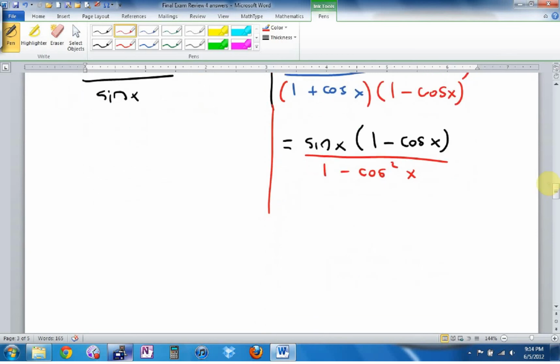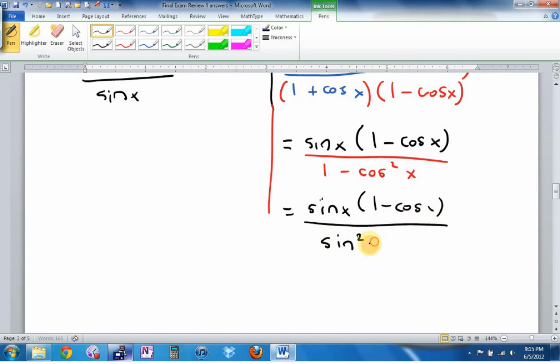What is 1 minus cos squared from my formula sheet? I think, call me silly, that is going to be sine squared x.